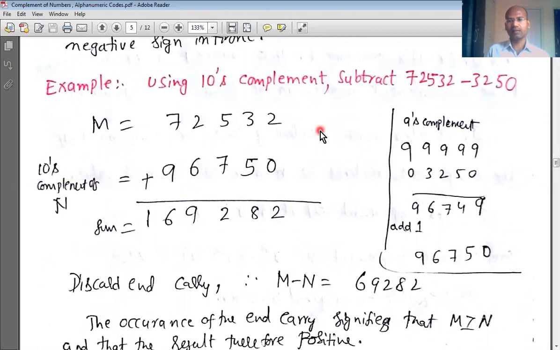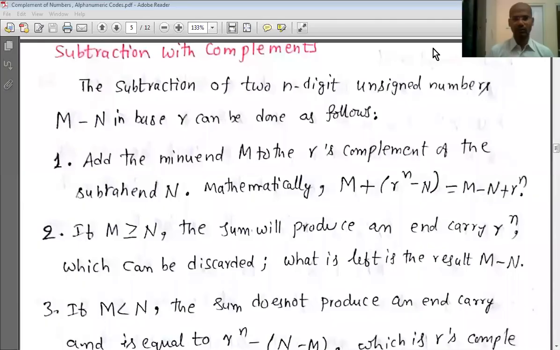Remember, in the last class, we have seen the complements. What is the need of complements and how to develop such complements, right? In digital systems, we can construct circuits for an adder and also for a subtractor. Although a subtraction circuit is possible, we don't construct any subtractor circuit.